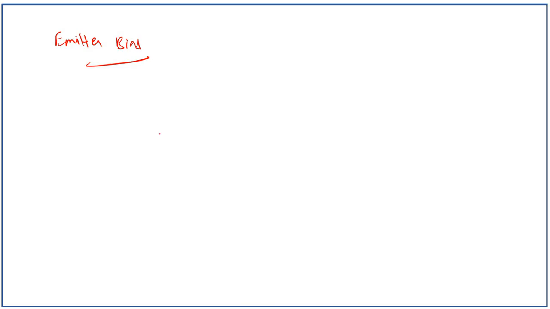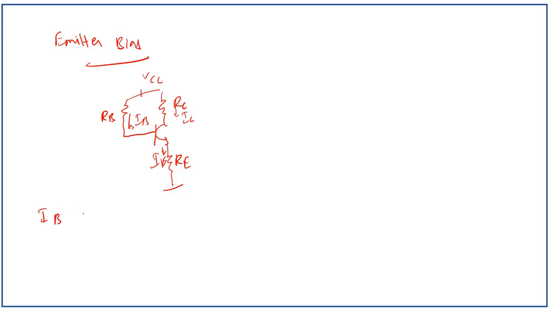So here this is similar to the fixed bias circuit, only difference is we have an emitter resistor RE here. Otherwise the circuit is same, the capacitances are removed. So here the current is IB, emitter current IE, collector resistance RC and its current IC, and VCC is here. Here are the KVL for the input side and output side, and we have the final equations.